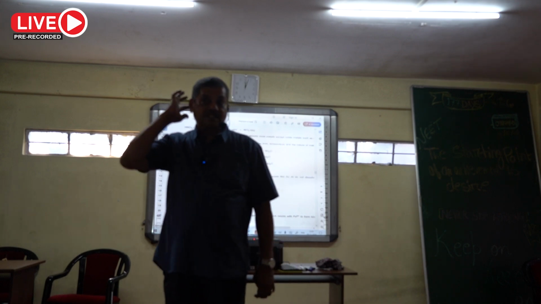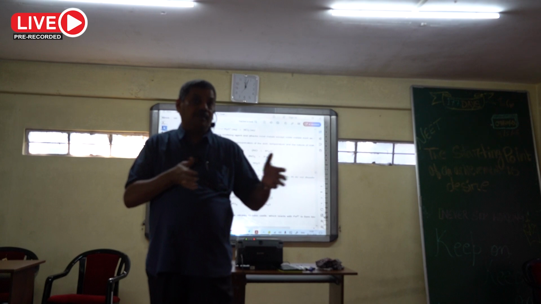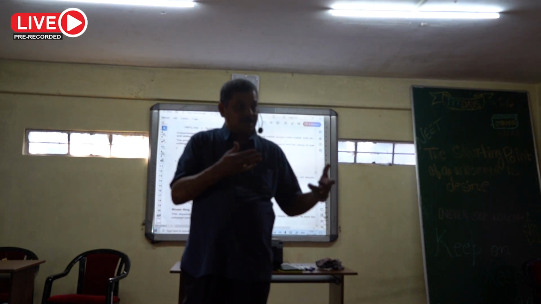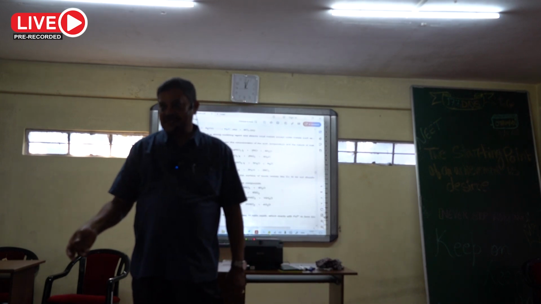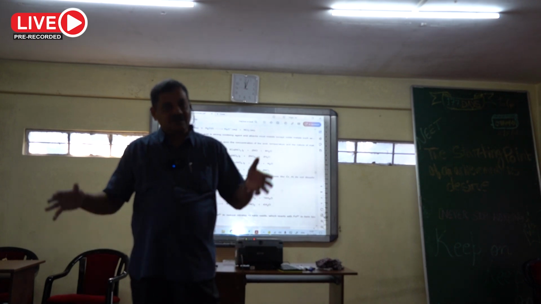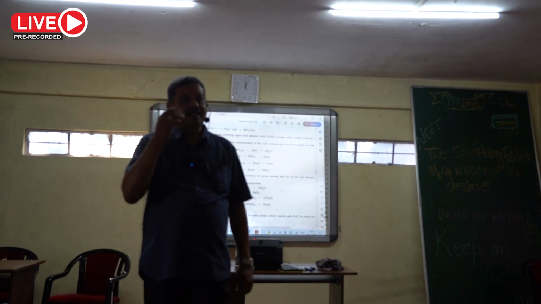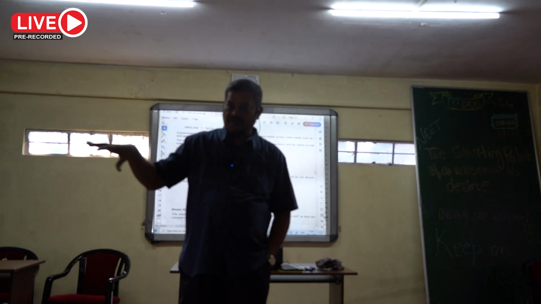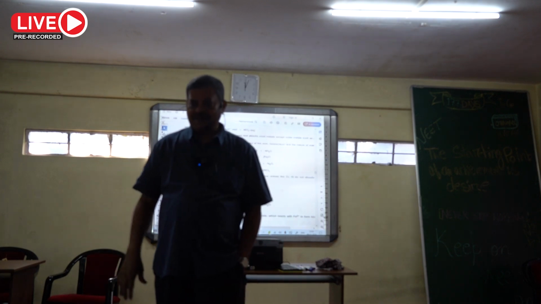Why was the English language needed? Because the Britishers wanted to communicate with local farmers who produce their crops. They have to pay some taxes, revenue. So to communicate with farmers, they encouraged the setting up of church-based convents. A convent is a place where nuns are there.